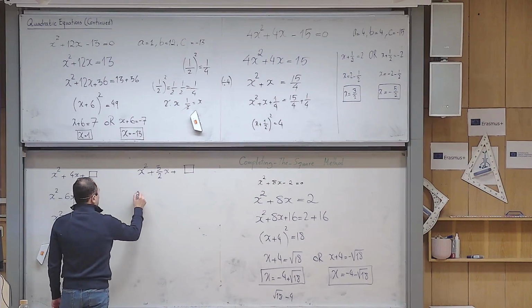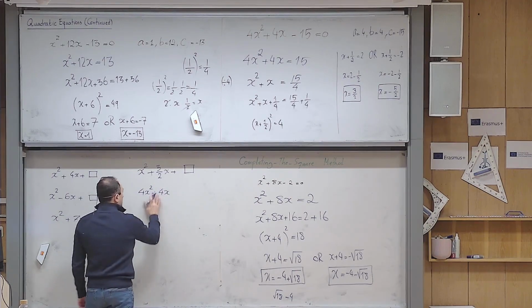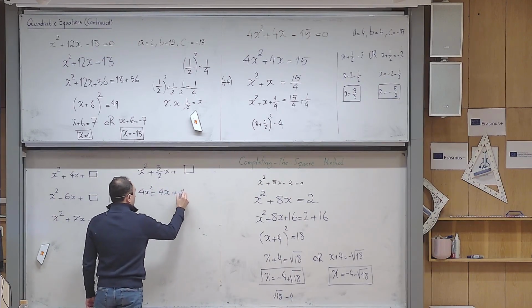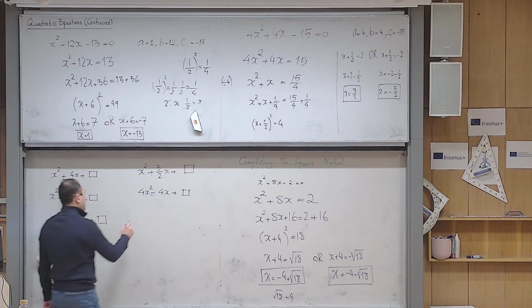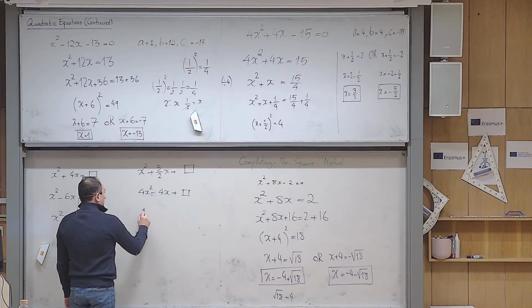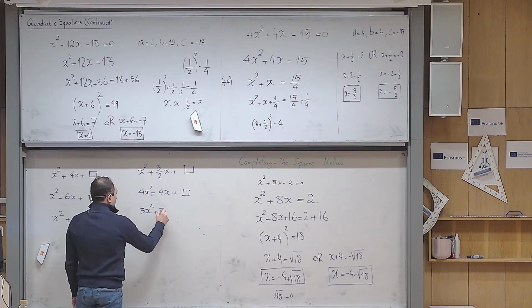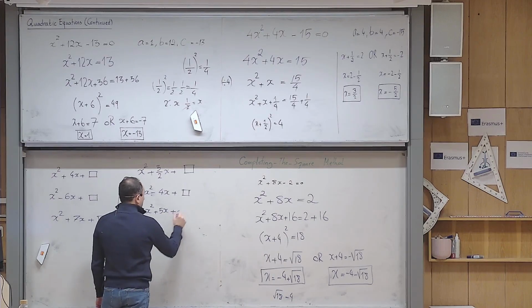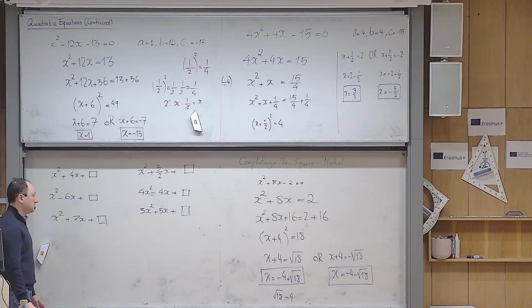Then let us write this one: 4x squared plus 4x, let me write this one minus, plus a box. And then we can write 3x squared plus 5x plus a box. Yes?